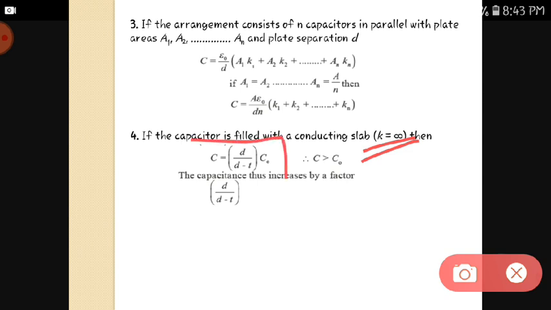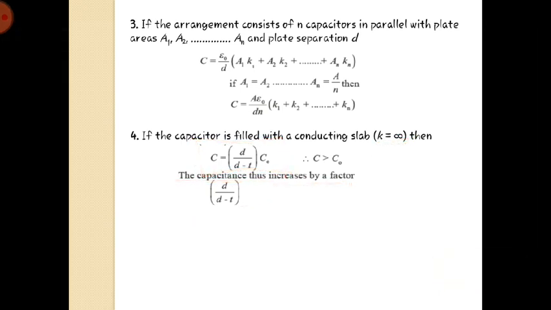We are getting C as D divided by D minus T into C0. Thus, capacitance increases by a factor D divided by D minus T. So this is nothing but when a capacitor is being introduced by a dielectric slab. Okay.